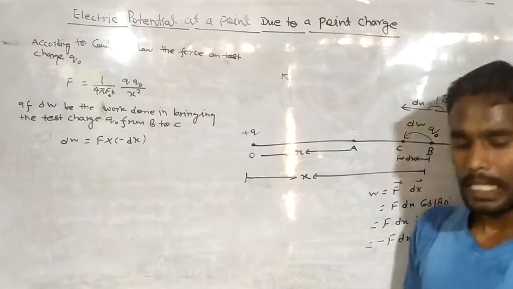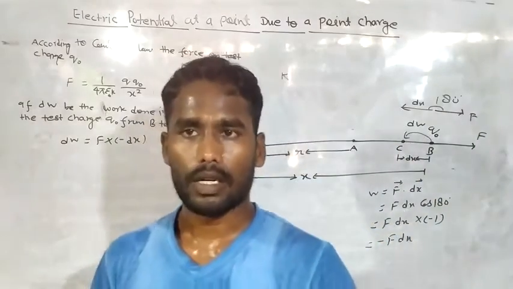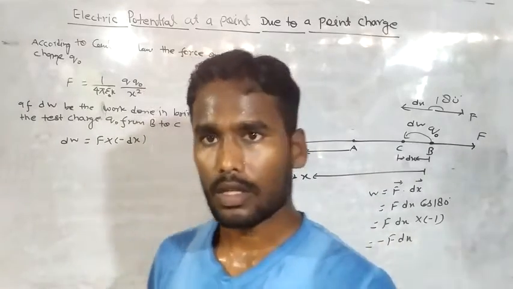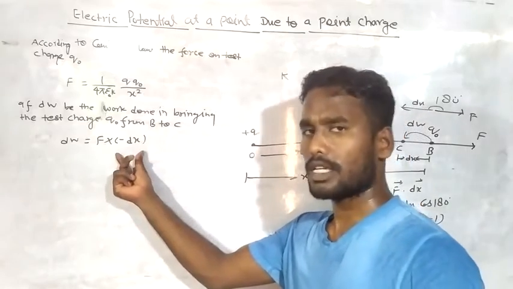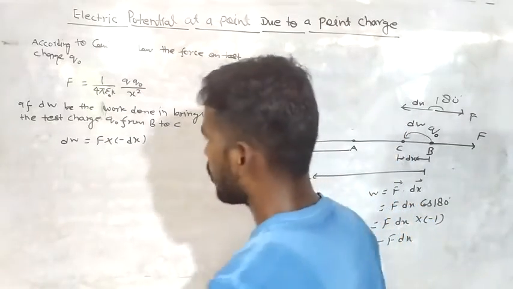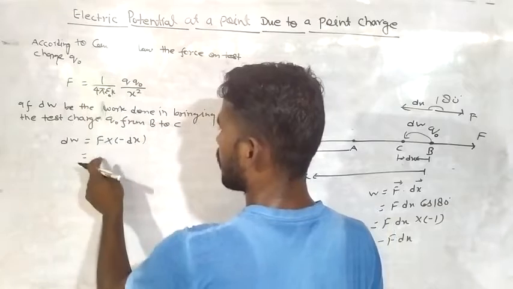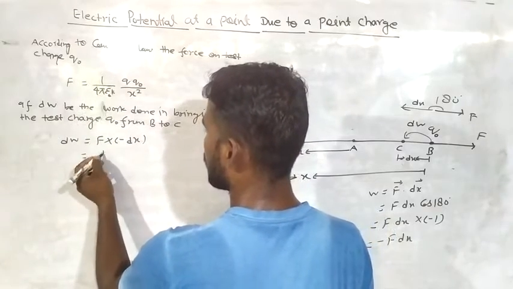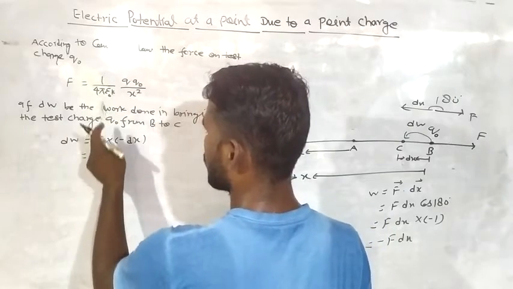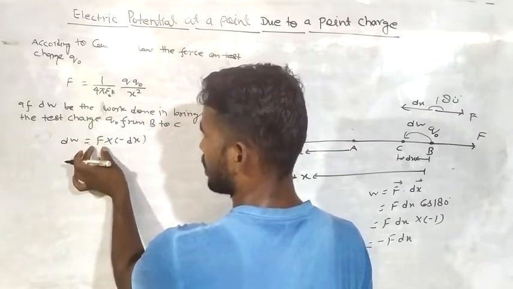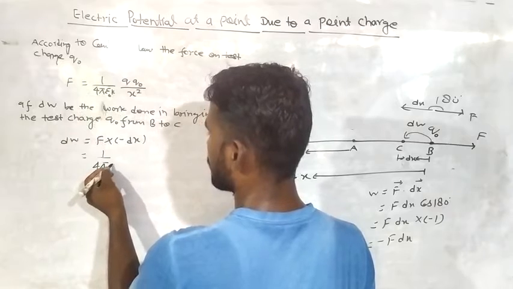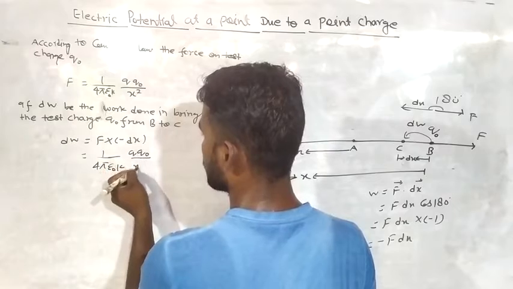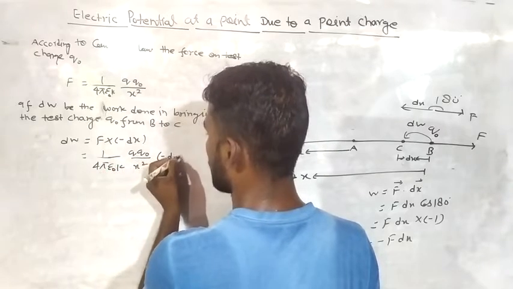But we know that if the direction of displacement is opposite to the force, then we can write it as a negative value. So we use the formula of F. We put the formula of F in place of F: 1 upon 4 pi epsilon naught K Q Q naught upon x square, and this is minus dx.